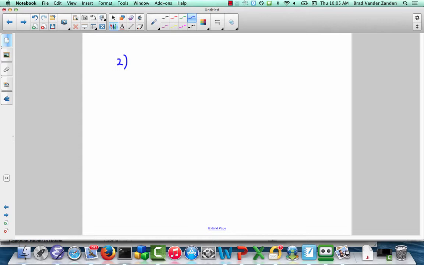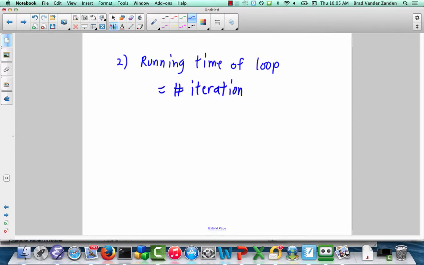The cost, or running time, of a loop is equal to the number of iterations times instructions per iteration.